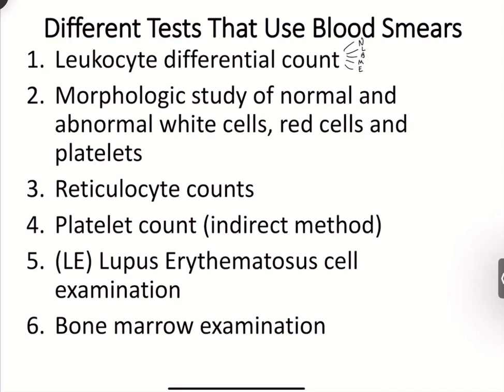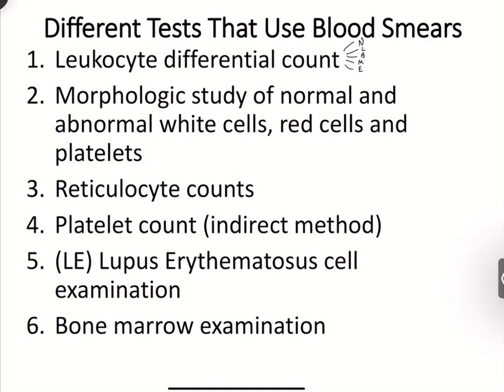For the reticulocyte count, you will need a smear. For the platelet count, by the indirect method, you will count platelets using your blood smear in 10 different fields, then use the formula for the corrected platelet count.